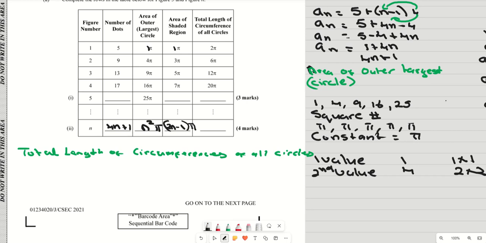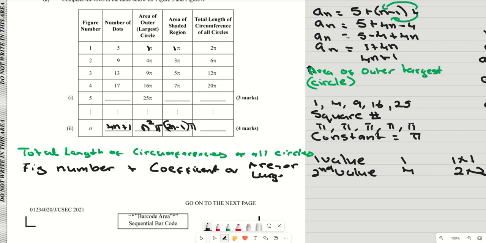We just now discussed it. It was your figure number plus the coefficient of area of larger circle, right? And you're going to multiply all of this by pi because at the end is pi, yeah?